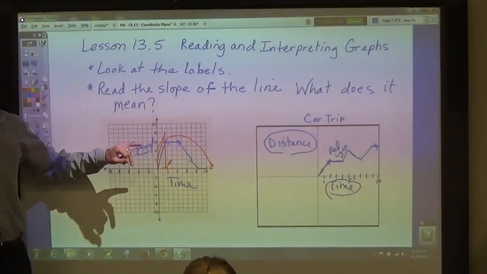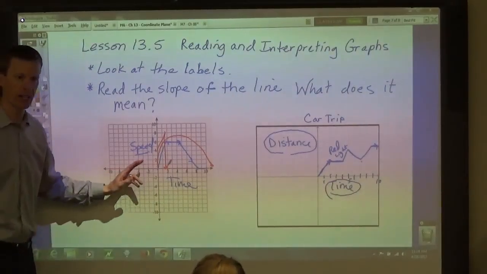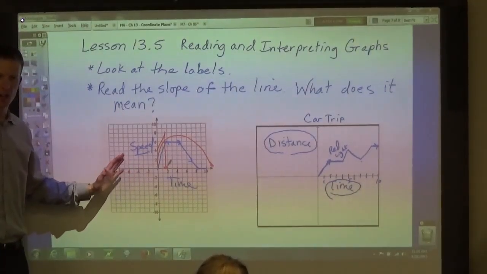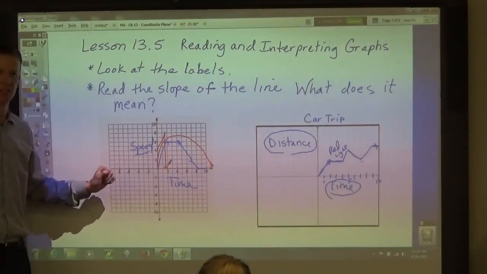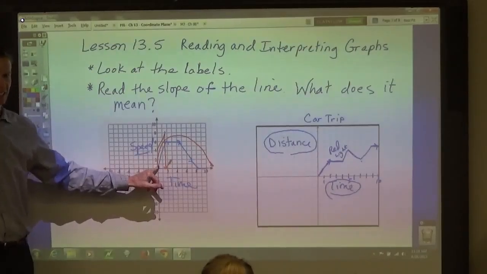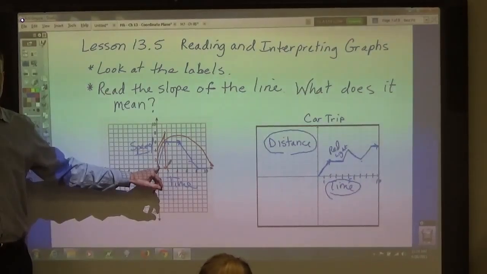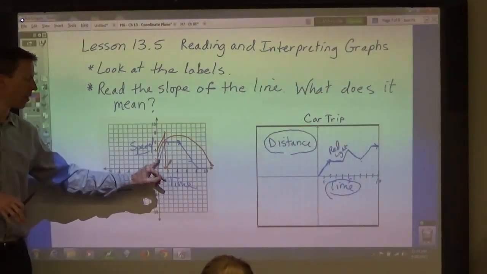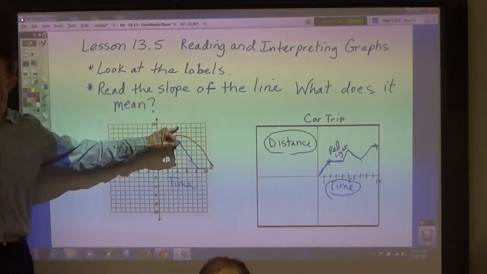If you were going down a hill, are you more likely to increase speed or decrease speed? Increase. So listen, this is something you've got to pay attention to. Let's say you were biking.